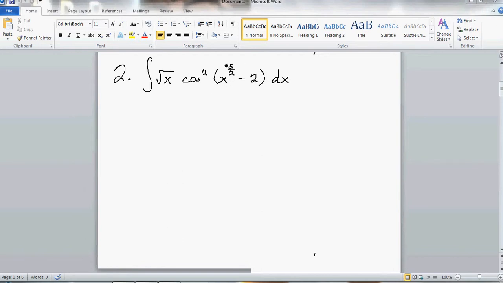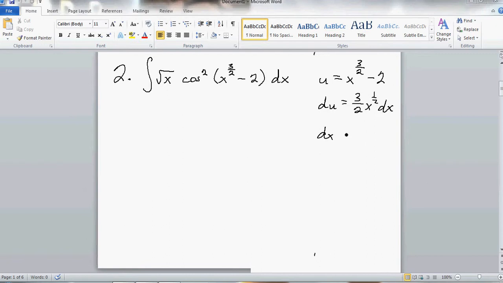So we take the innermost stuff and we get u equals x to the 3/2 minus 2. And that was given. du would equal 3/2 x to the 1/2 dx.